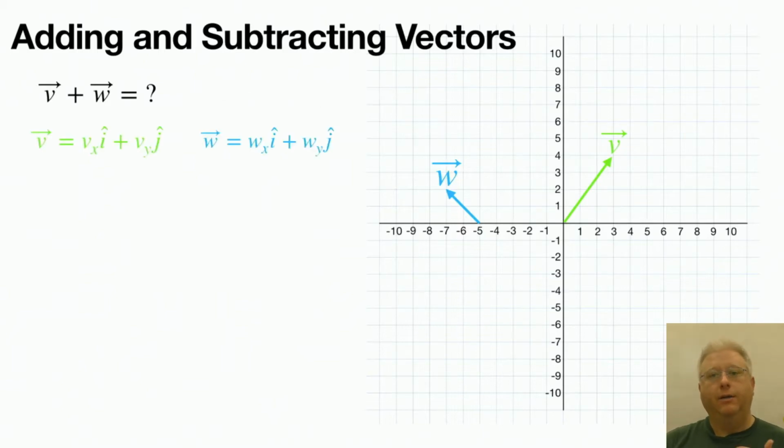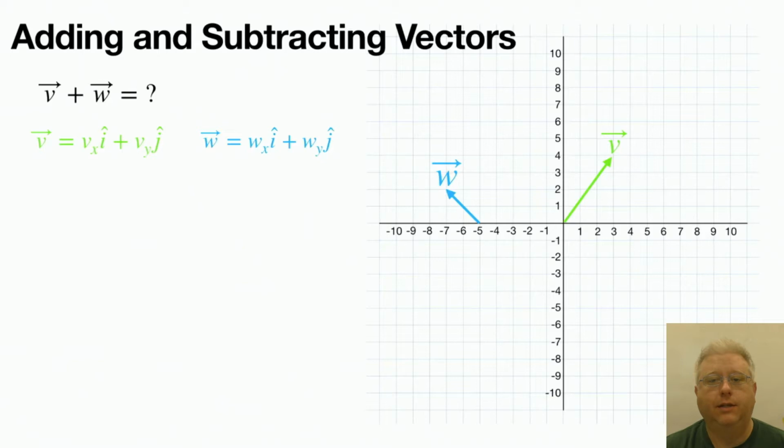So remember that the unit vector for vector v was vx i hat, so that just indicated the x component of the vector v, and i hat indicated that it was in the x direction. And vy j hat was just the y component of v in the j direction, or the y direction.